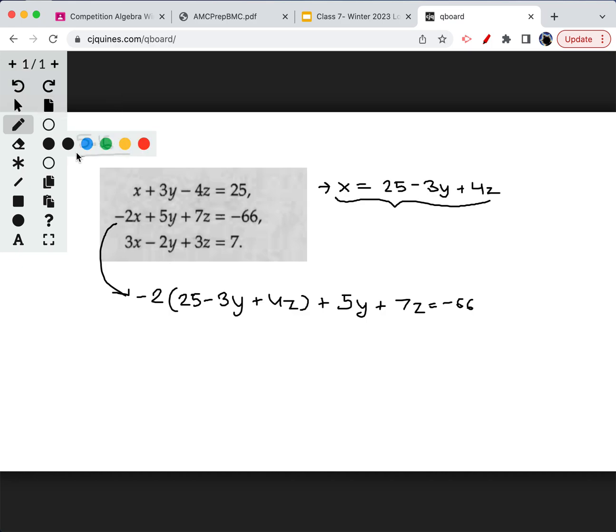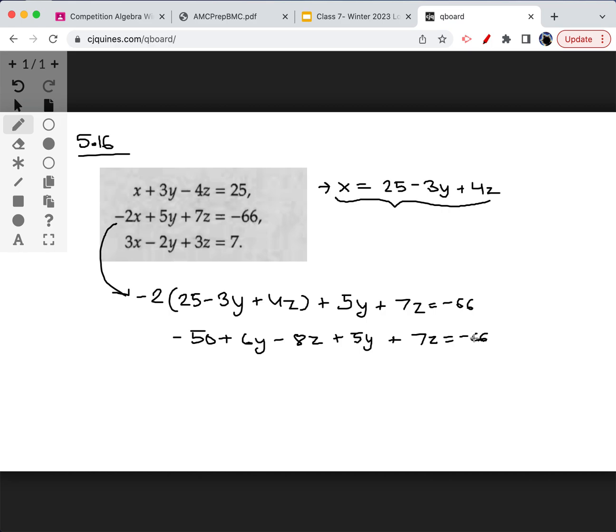And then if we expand this, we get minus 50 plus 6y minus 8z plus 5y plus 7z is equal to minus 66. And so combining like terms gives us 11y minus z is equal to minus 16.